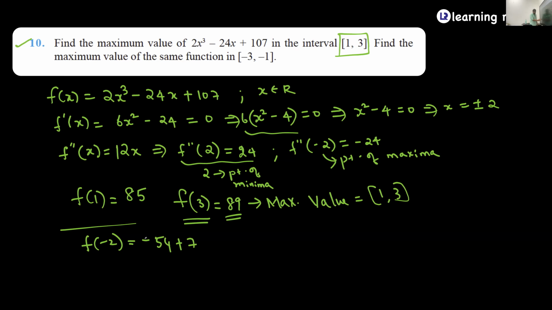I was thinking of 3 cube, sorry. Correction. Yeah, f of minus 2, it is minus 2 the whole cube. So it is minus 16 plus 48. So how much is that? 32. So 107 plus 32, 139.